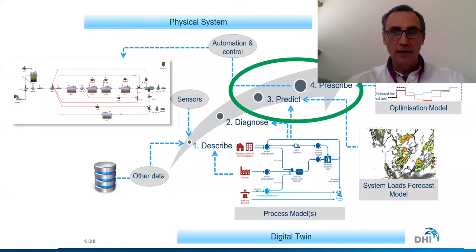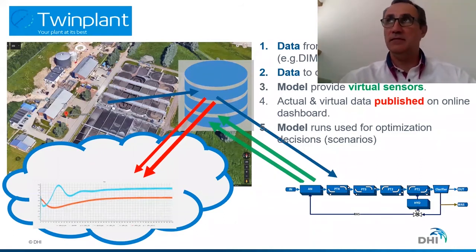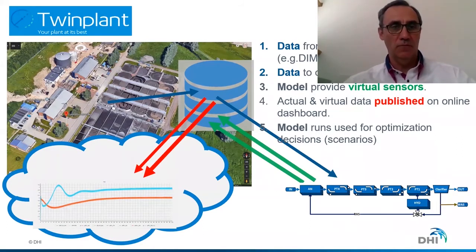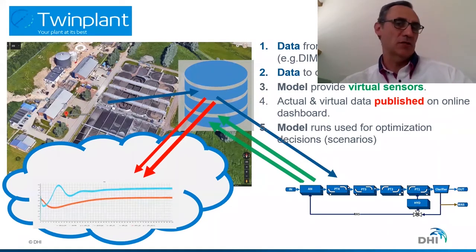So how does it work? Data from sensors, and this is the first stage, right? Data from sensors are collected through some tools, DIMS, MyCloud, whatever externals, and they are used to calibrate the model, for instance, the Western here, and then running the model of the treatment plant. The model provides virtual sensors back to some data storage.